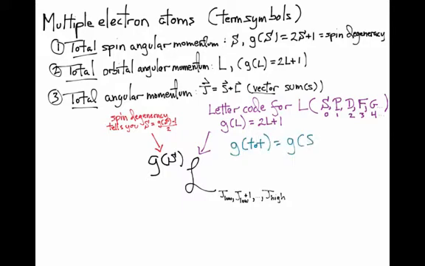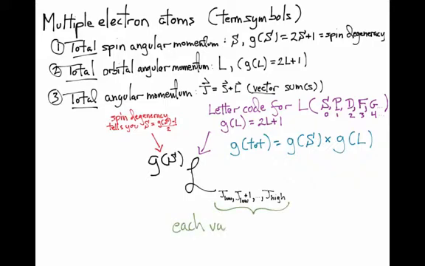So the total degeneracy is G of S times G of L. You multiply the G of S value, which is just sitting there, because that's how we identify it. You figure out the degeneracy associated with that capital L, 2 times that plus 1. You multiply them together, and that tells you the total number of quantum states associated with this particular thing that we call a term.